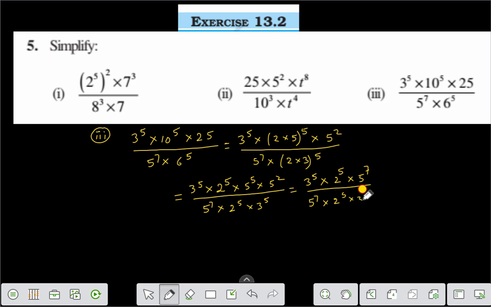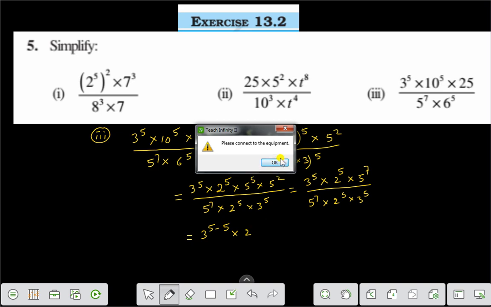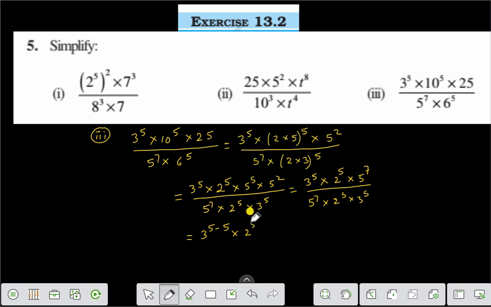Right? And by division we are finding 3 to the power 5 minus 5, the base is same, into 2 to the power 5 minus 5 into 5 to the power 7 minus 7.